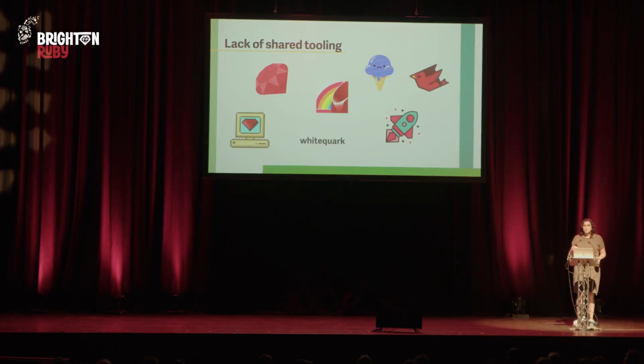Another issue is that Ruby has historically lacked shared tooling. So until a few years ago, there was no Ruby parser that you could just plug and play into any developer tool. The C-Ruby parser was never meant to be ported into any other project. Instead, there were at least 7 parsers that were each being used in their own projects, were all slightly different, and probably had their own interesting bugs.